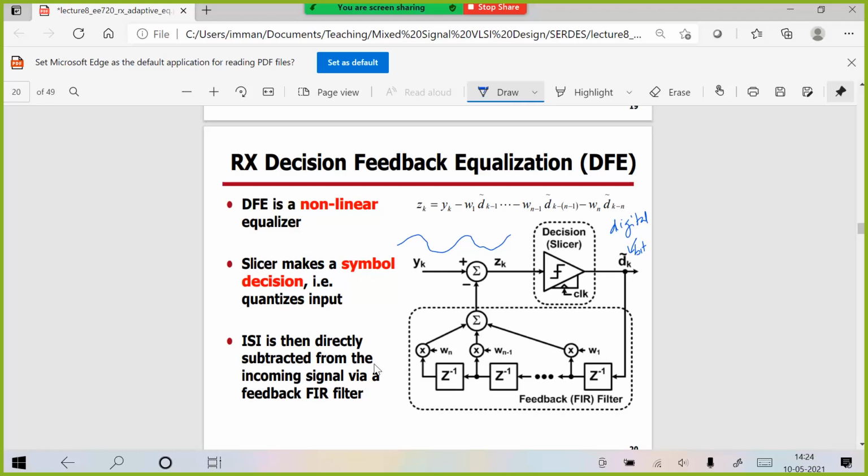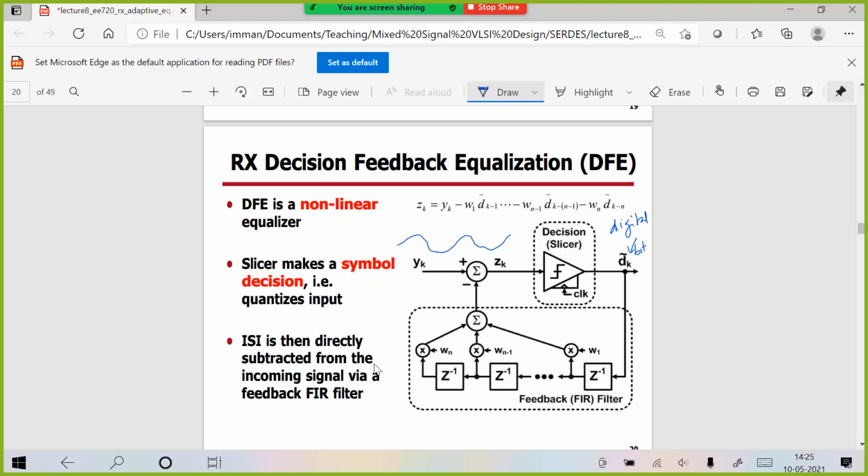Contrast this with your CTLE, which is a fully linear analog circuit, a linear equalizer. This is a non-linear equalizer, and the slicer makes a symbol decision, that is, it quantizes the input. ISI is then directly subtracted from the incoming signal via a feedback FIR filter.